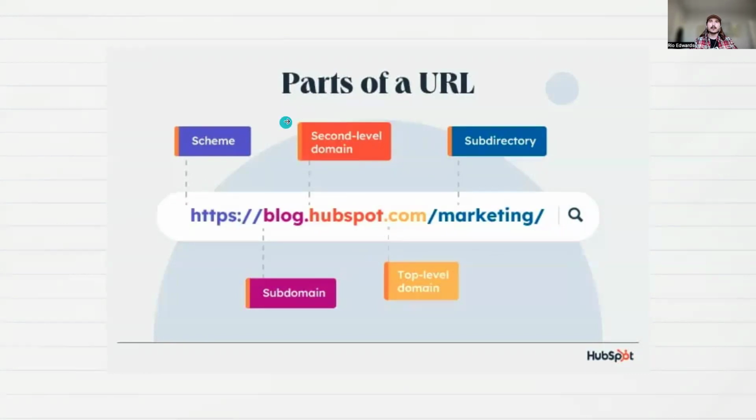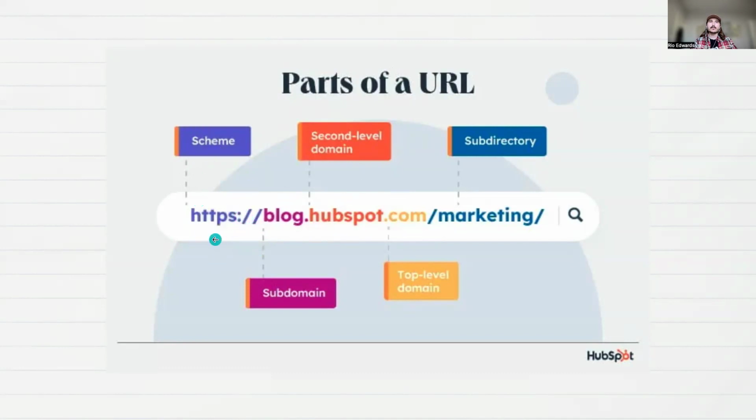You've seen this in your browser when you copy a link to something, that link is a URL. And sometimes they start with www, sometimes they don't. And sometimes they end in .com, sometimes they don't. What does all this mean? So I can break it down here. It's not gibberish. It actually means something.